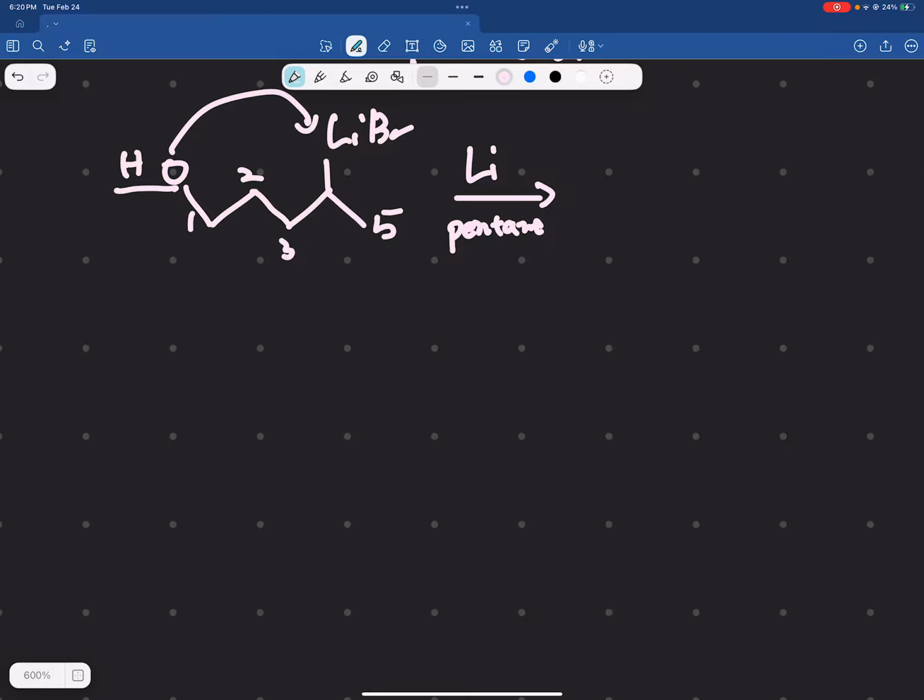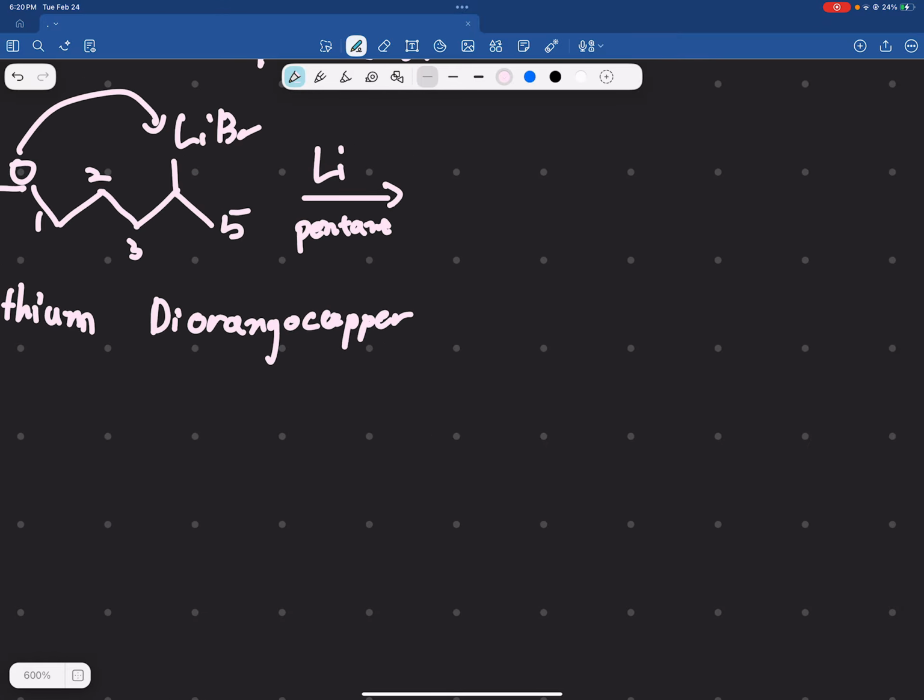All right. Let's talk about lithium diorganocoppers, otherwise known as Gilman reagents.